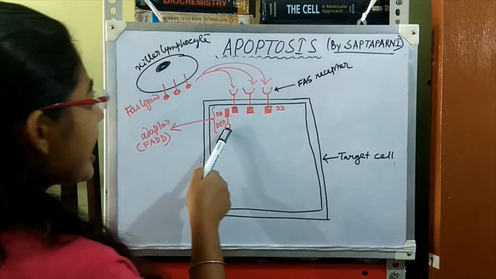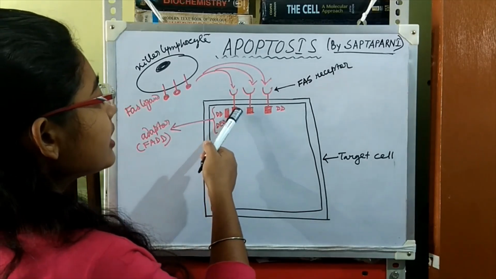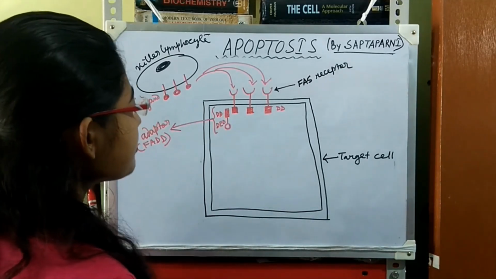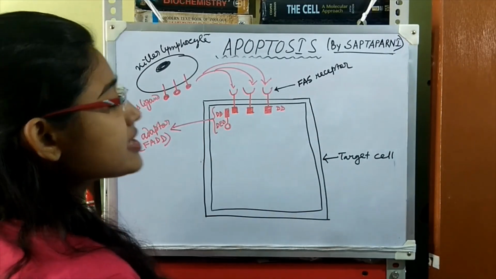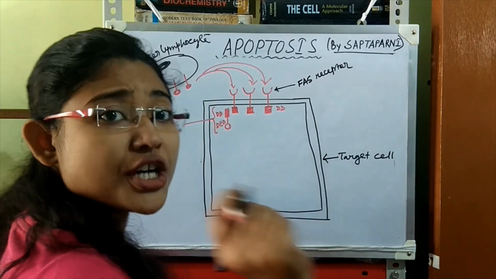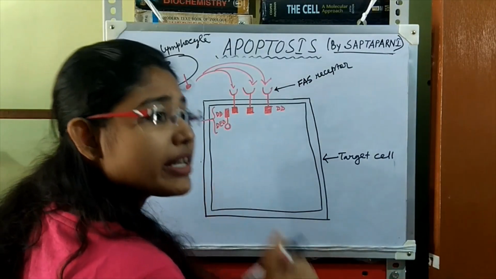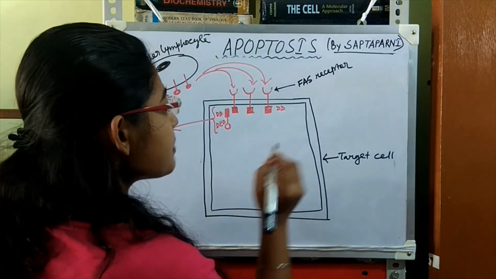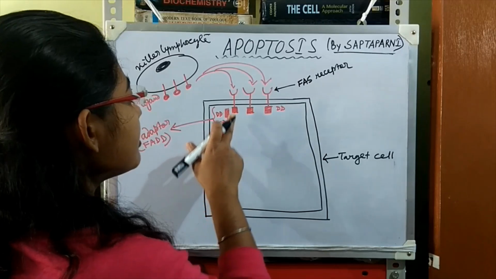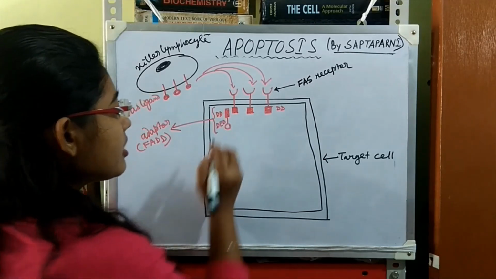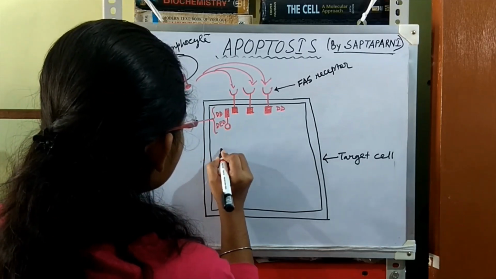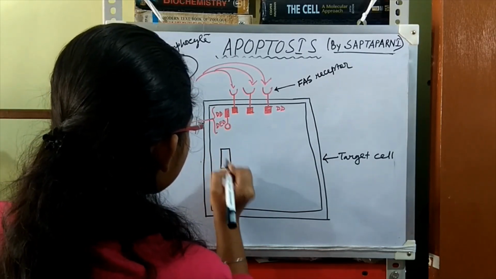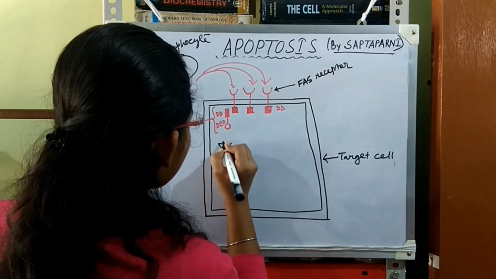Now, when the adapter protein binds with the death domain of the Fas receptor, then it brings the initiator procaspases, mainly procaspase 8 and procaspase 10, to bind with this adapter protein. Think this is the procaspase of our body.